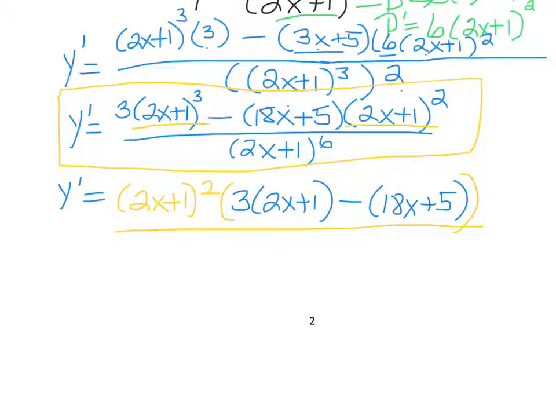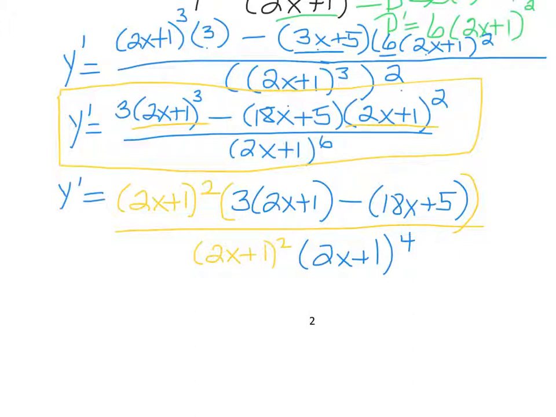And then in the denominator, since there's also a factor of 2x plus 1 squared, they're going to change that into 2x plus 1 squared times 2x plus 1 to the fourth power, because when you're multiplying these two factors, you're going to add the exponents, unlike here, where you had the exponent raised to another power.